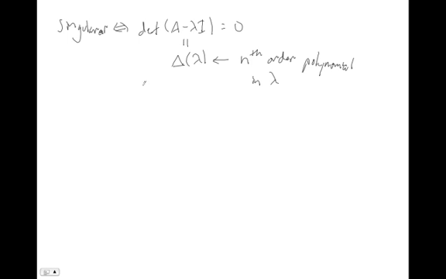So we call this the characteristic equation, and in the cases where you are truly at an eigenvalue, then this characteristic equation is going to equal 0. It's not always 0, it's only 0 at an eigenvalue. If you plug in a non-eigenvalue, you'll still get a characteristic equation value, it just won't be equal to 0.